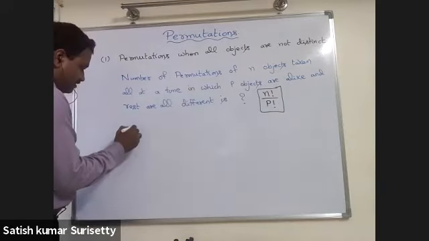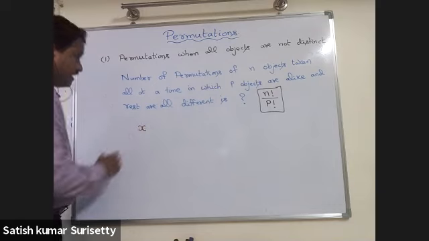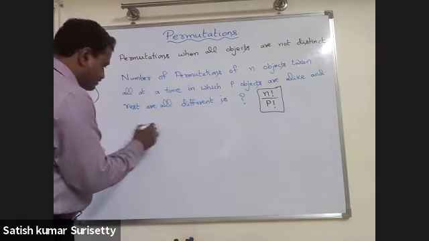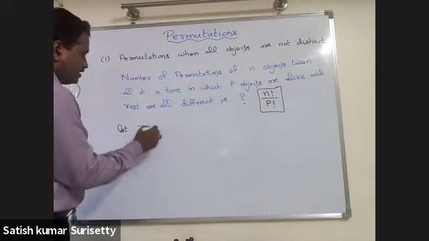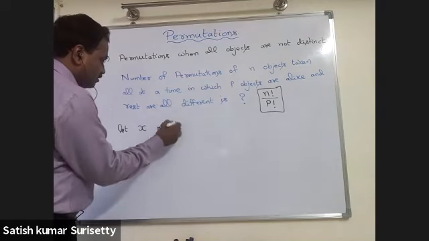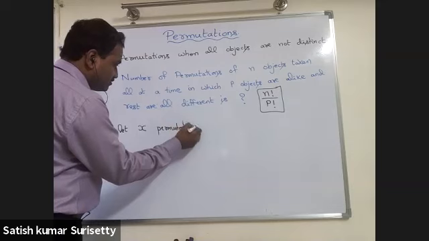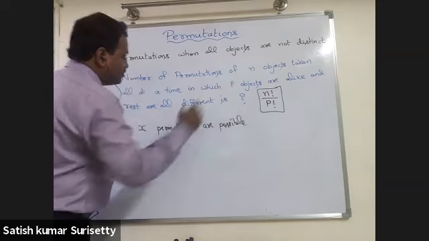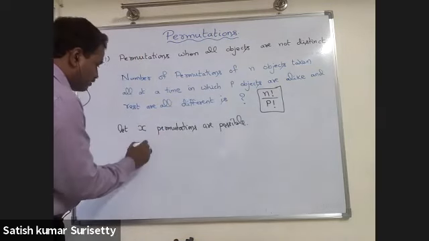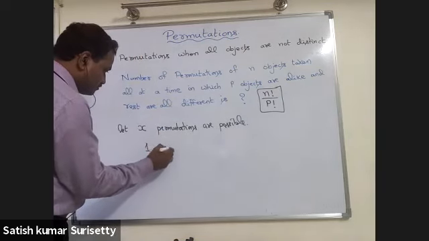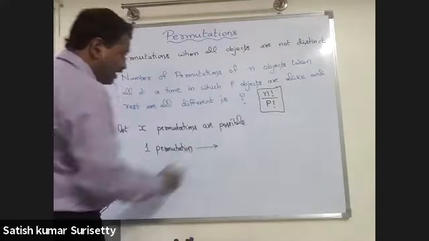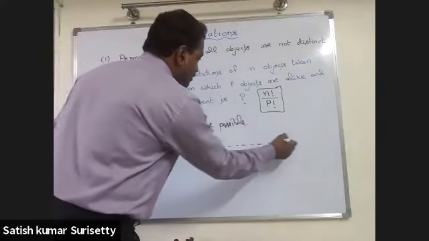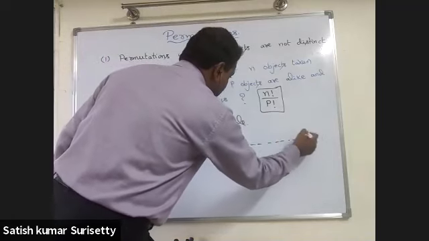Let us assume that x permutations are possible. Now if I consider one permutation among all x permutations, in that one permutation you will have a total of n objects.